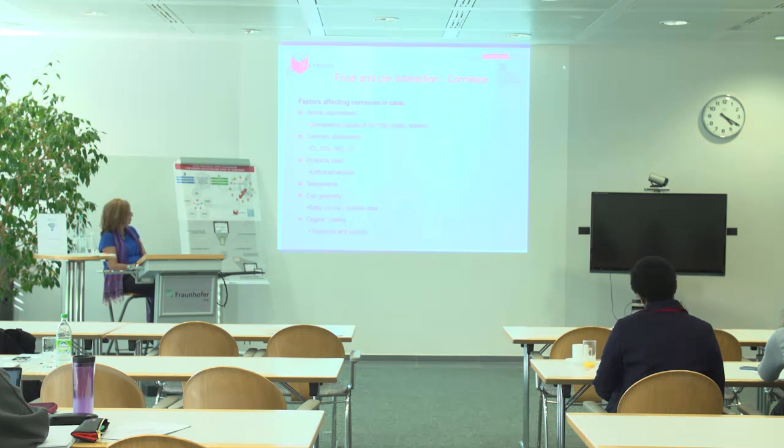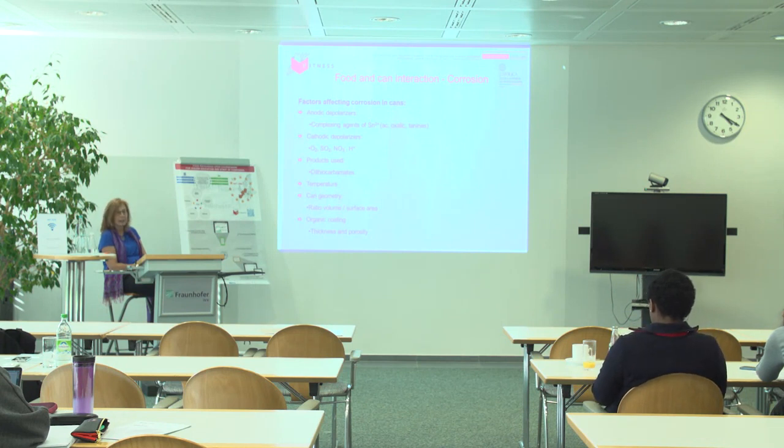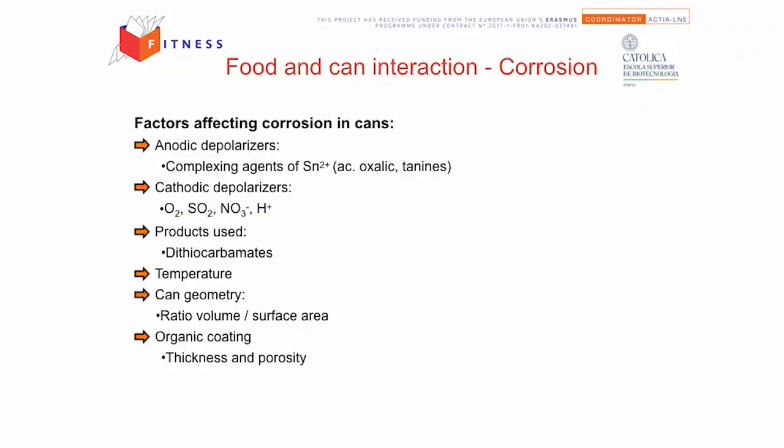So agents in the food that can complex tin, like oxalic acid, like tannins that are natural in the composition of some products, CO2, nitrile groups that sometimes can be present as part of the food, and temperature. Of course, the higher the temperature, the faster these reactions can occur.